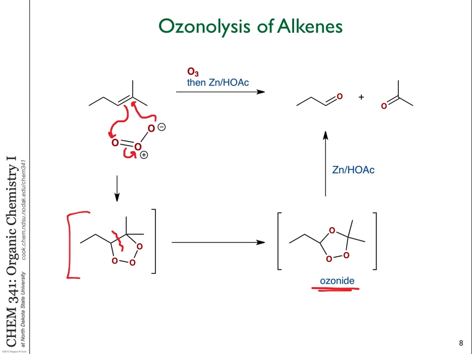You notice some features of this. First of all, if you look at the 2 carbons, which I'll highlight in red here, each of those 2 carbons in this intermediate has 2 bonds to oxygen. So the oxidation state here is the same as the products. The other thing is we have an oxygen-oxygen bond, which is relatively weak.